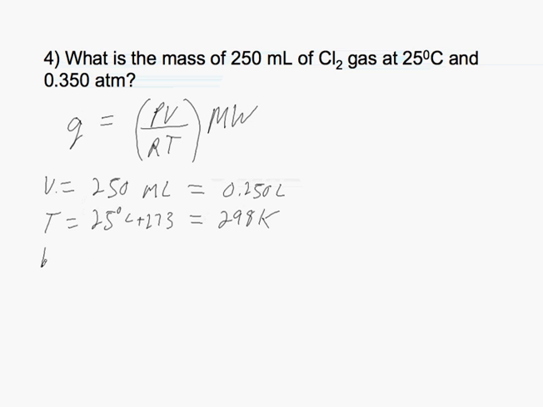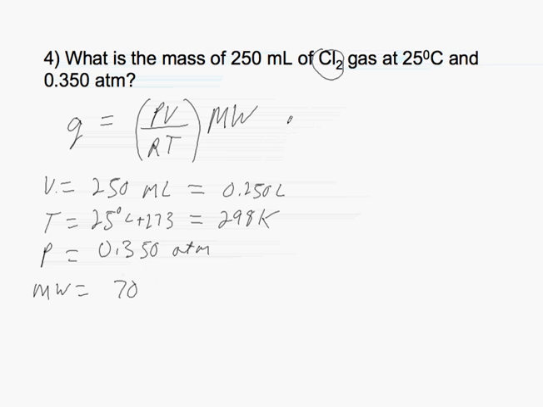And then our pressure is equal to 0.350 atm. Of course, our molecular weight is going to equal 70, and that comes from the chlorine. Each chlorine is 35 and we have 2 of them, so that's 70.